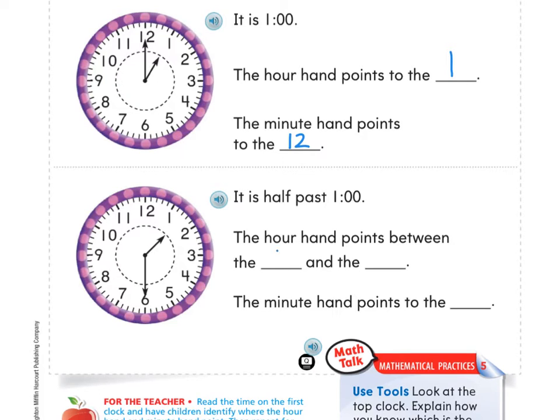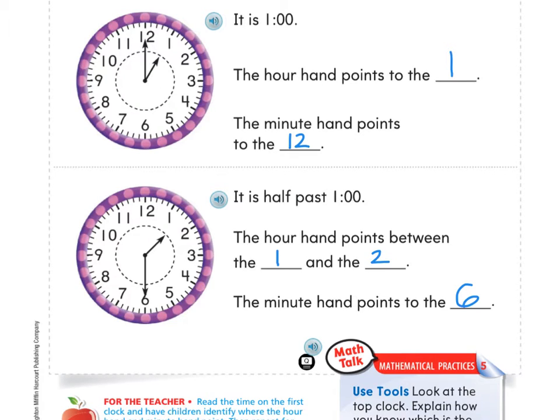Good. You should have written that it's between the 1 and the 2. And now we need to look for the minute hand. What number is the minute hand pointing to? Look on the clock over here, find the minute hand. It's pointing to, good, it's pointing to the 6.